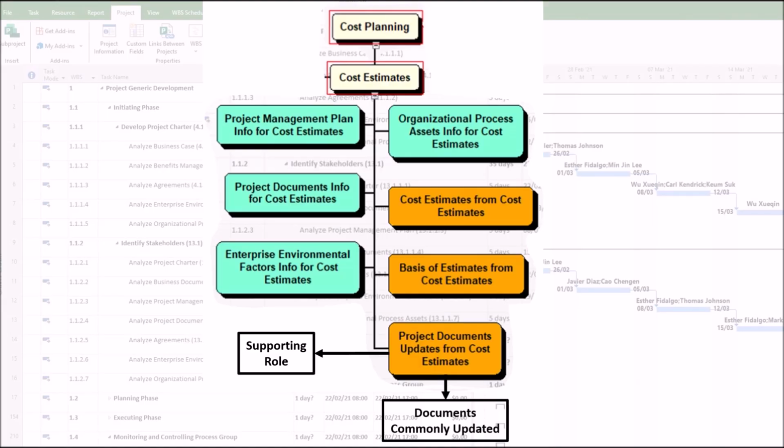Third, risk register is updated with new risks identified during cost estimation, such as price fluctuations and resource unavailability. 3. Traceability and transparency. Project documents updates ensure that cost estimates are well documented, auditable, and justifiable to stakeholders.